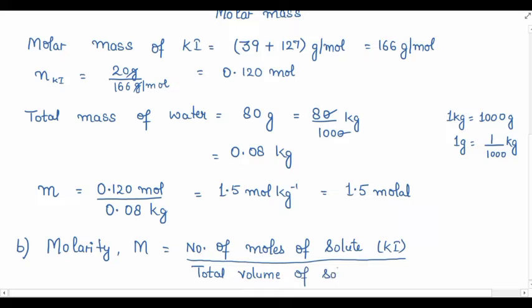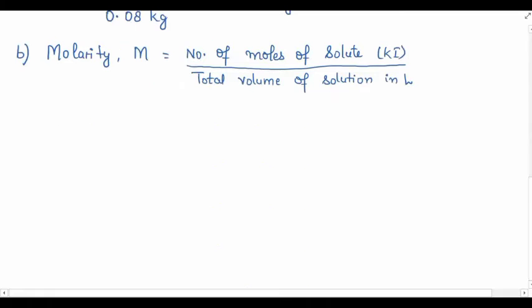The number of moles is the same as previously found, in the first part of the solution.